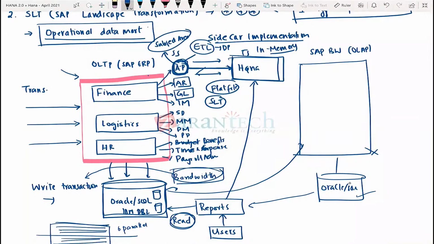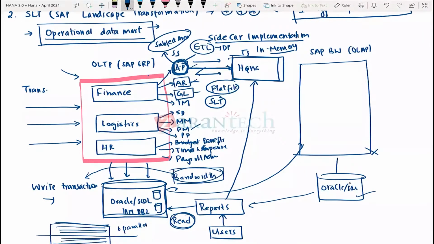So the reason why I call that SLT is predominantly used for operational data mart. What are these data? Are these analytical data or operational data that you have in the SAP ERP system? These are day-to-day operational data, right? When I pick a specific data mart, which means one subject area, it could be accounts payable, accounts receivable, or plant maintenance.